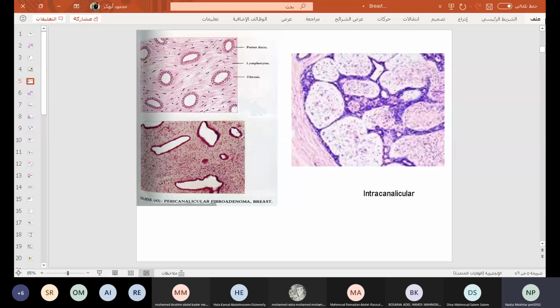So يعني simply speaking, pericanalicular is formed of two components, both of equal proportion. Intracanalicular, two components برضو, but the fibrous component is more predominant, so it compresses the ducts. الاثنين benign. Next.